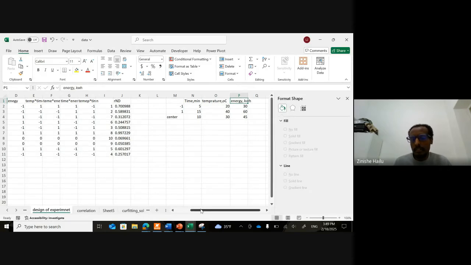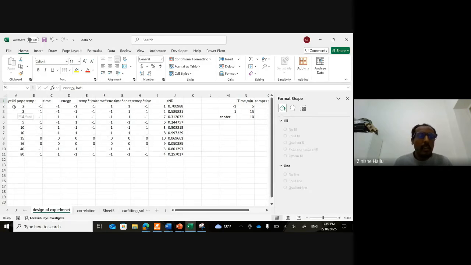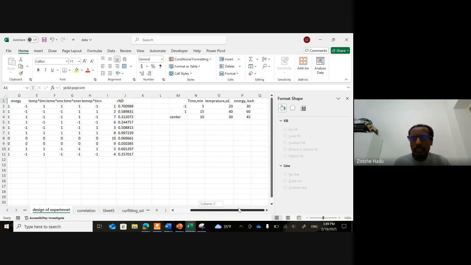Let's say the product is popcorn yield. To get the best yield of popcorn, it needs a consumption of time, which is heating time, and the consumption of energy to get the heat.